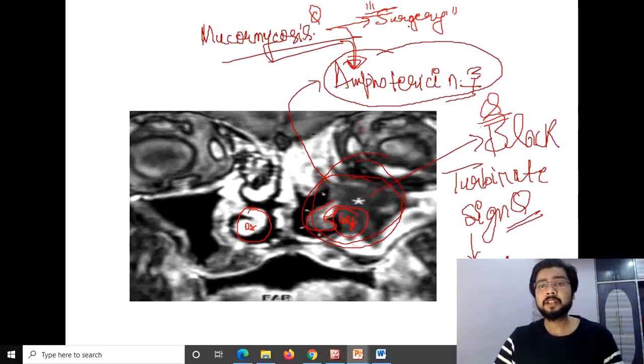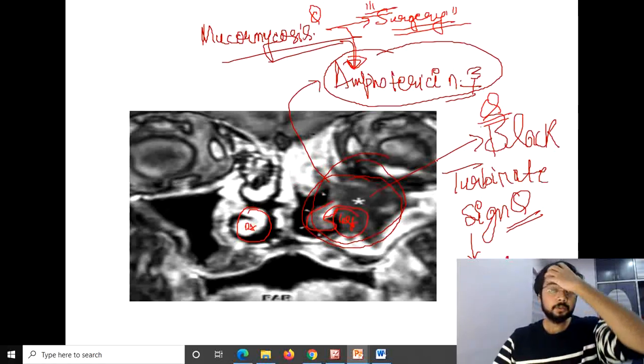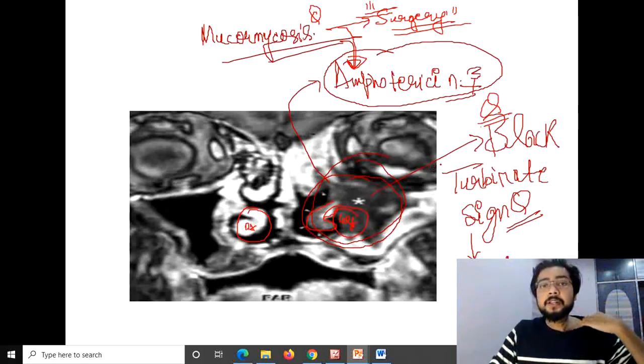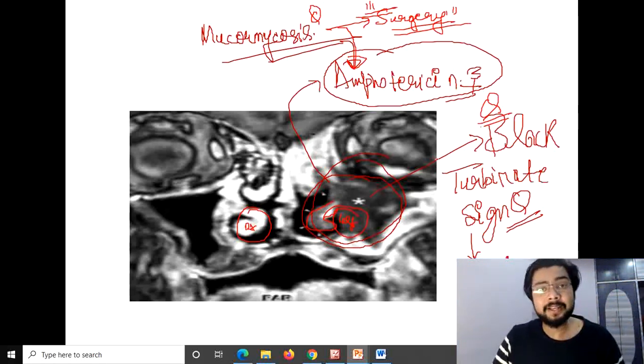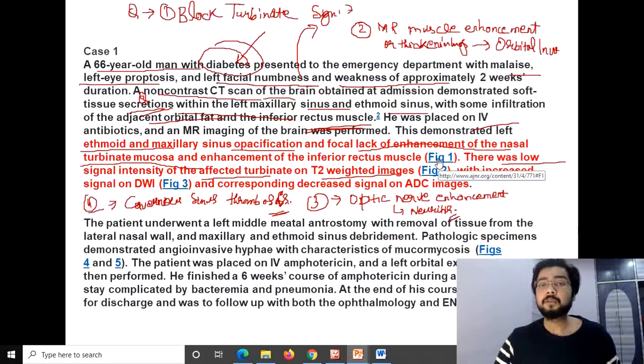The goal of the surgery is to remove the necrotic areas, decrease the disease burden, and then give amphotericin B for the other areas which are enhancing, so as to treat your patient. So you need to do the surgery to identify and remove the necrotic areas. How will you identify them? By contrast-enhanced MRI scans, and by doing diagnostic nasal endoscopies.